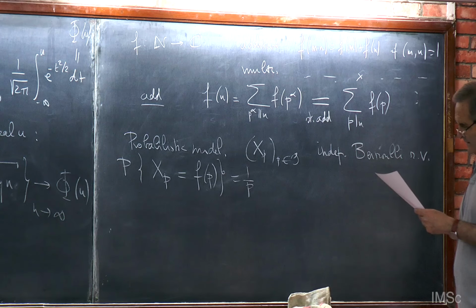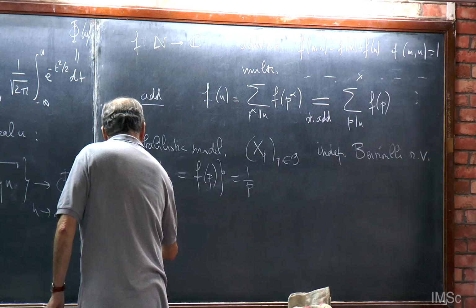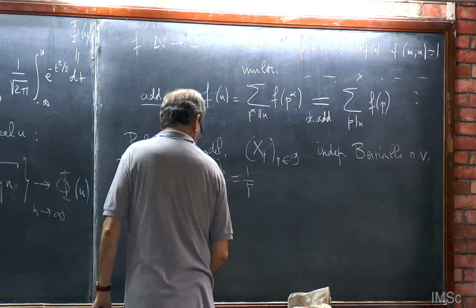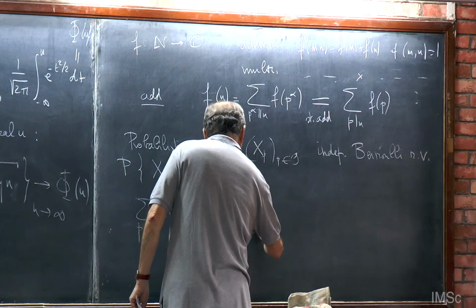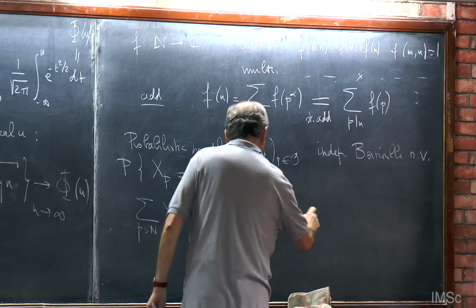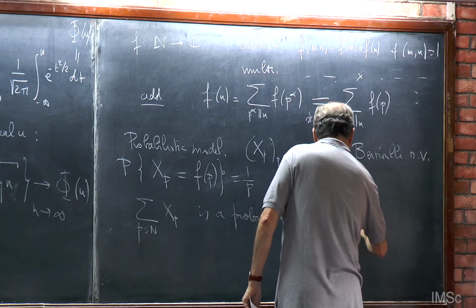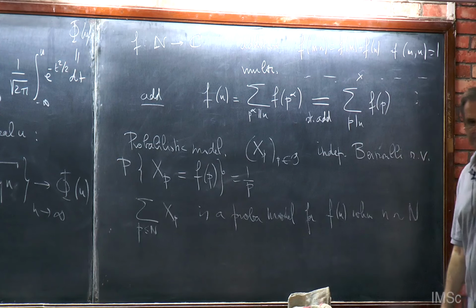And so if you consider the summation over p less than N of X_p, this is a probabilistic model for f(n) when n is around capital N.